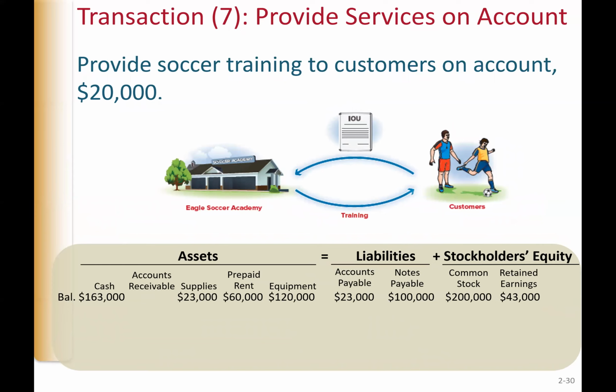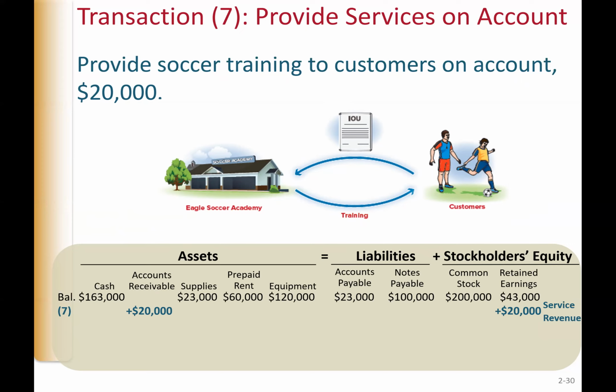Now, this is a little twist. We provided soccer training to customers. It doesn't say for cash, it says on account. What that means is we have not received the money yet. We did the work, we did the service, we're going to get the cash, we just haven't gotten it yet. So in that case, we use an account called accounts receivable.